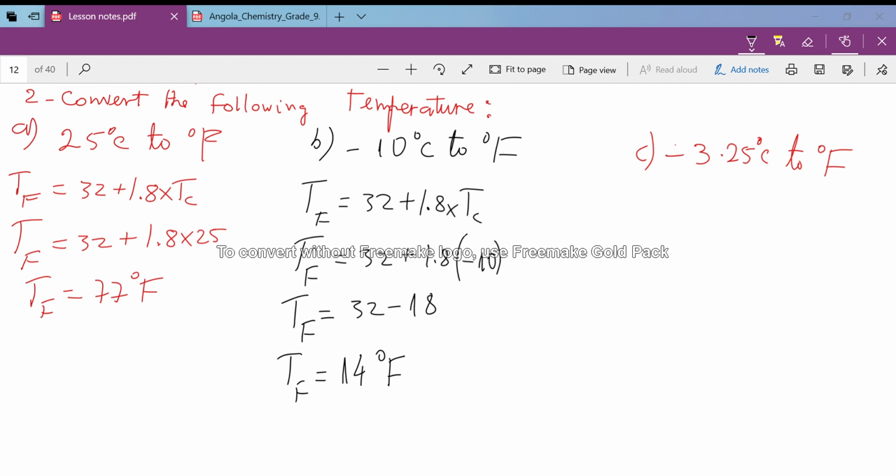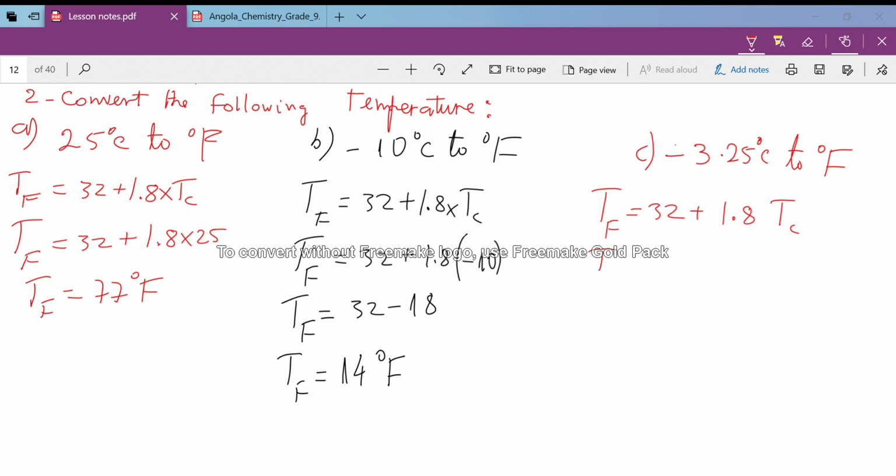Let's try this one again. We have TF. The formula is that TF equal to 32 plus 1.8 TC.